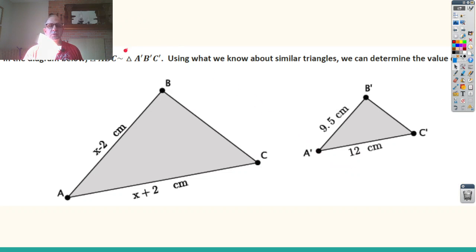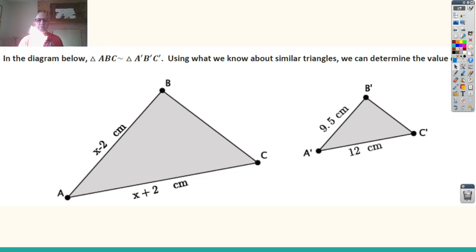All right, this one is really different, isn't it? In the diagram below, triangle ABC is similar to, that wavy line means similar to, triangle A prime B prime C prime. Using what we know about similar triangles, we can determine the value of x.